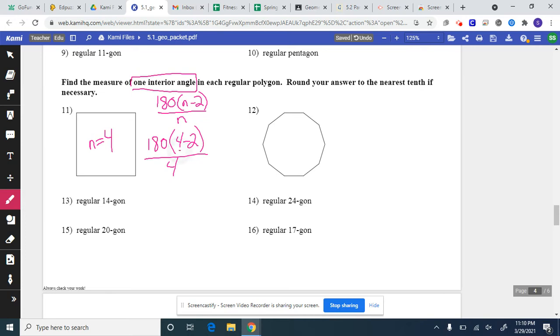Order of operations, we do the parentheses first, right? 4 minus 2 is 2. So then we get 180 times 2 over 4. 180 times 2 is 360, and 360 divided by 4 is going to equal 90 degrees for number 11.